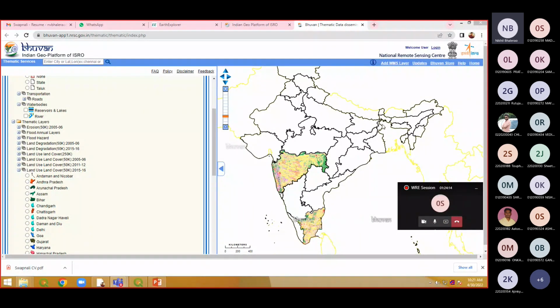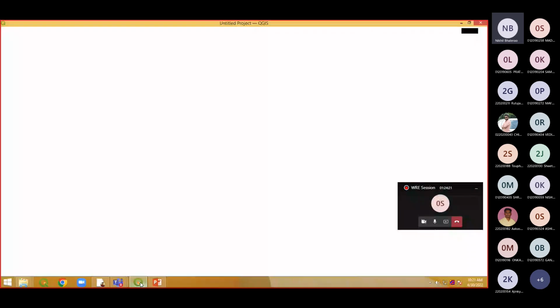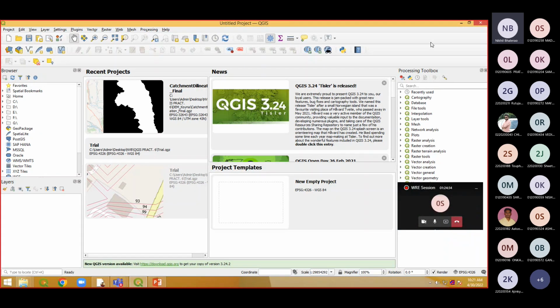We are going to use the software called QGIS, Quantum GIS, for this demonstration with the digital elevation map.